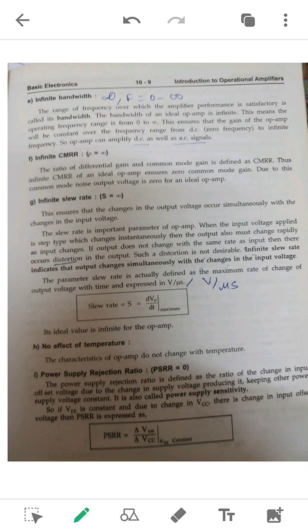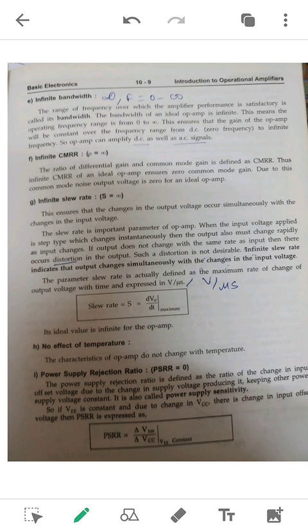Okay, so the difference between the two frequencies is called the bandwidth. The range of frequencies where you can have stable performance of the op-amp is called the bandwidth.